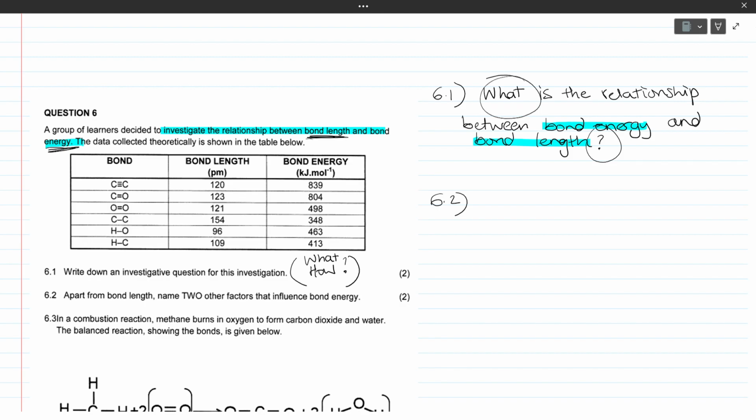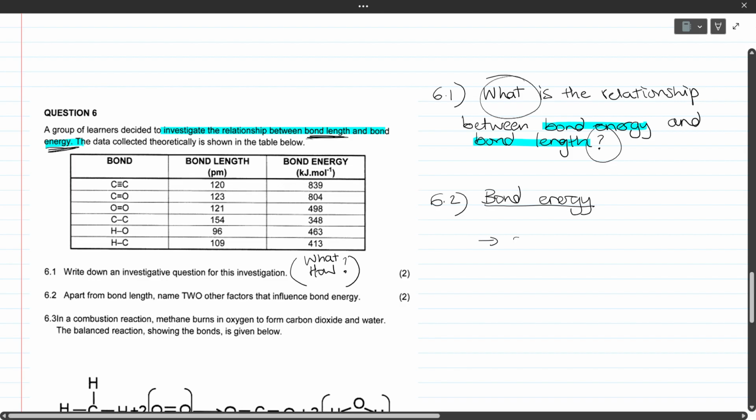6.2, apart from the bond length, name 2 other factors that have an influence on bond energy. Okay, so recall in the slides we've gone through previously, we talked about bond energy and the different factors that influence it. So you can pause the video and figure out what are any other 2 factors influencing our bond energy. And remember, bond energy is a description of how much energy is required to break 1 mole of a bond.